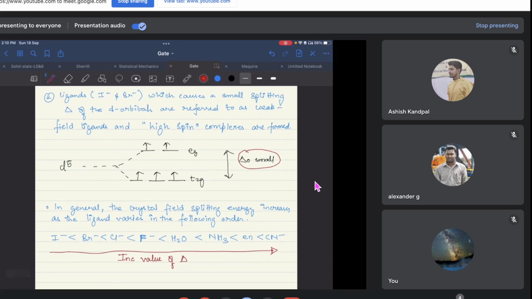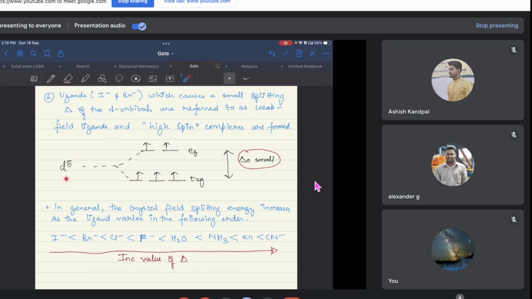Now coming to the weak field ligands, such as I⁻ and Br⁻. These cause a small splitting Δ of the d orbitals, they are referred to as weak field ligands, and a high spin complex will be formed.